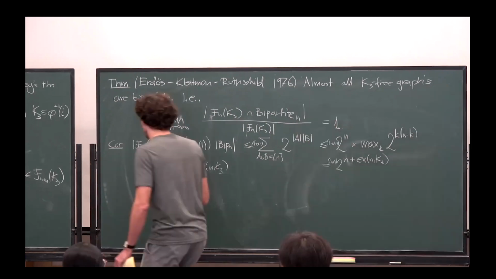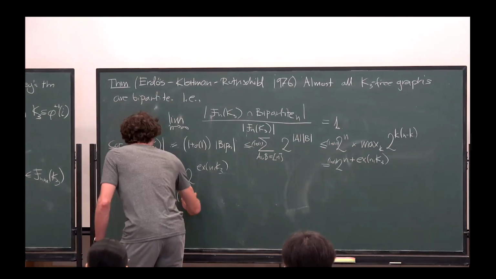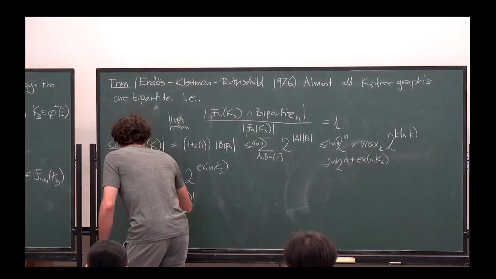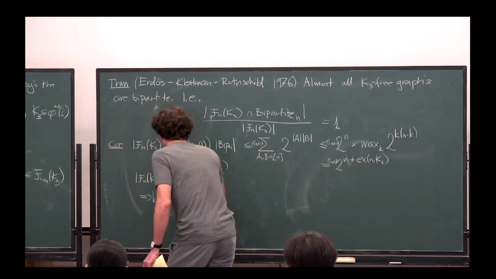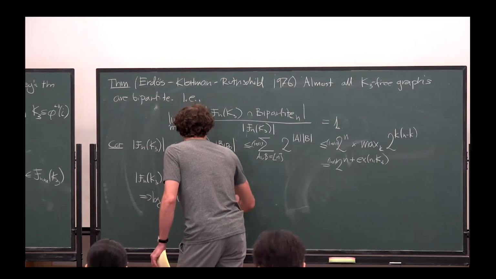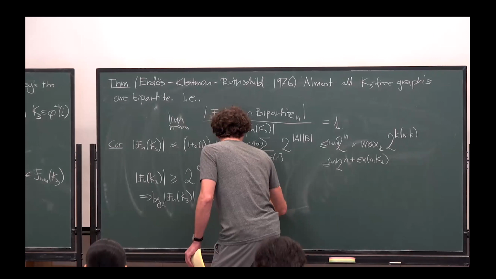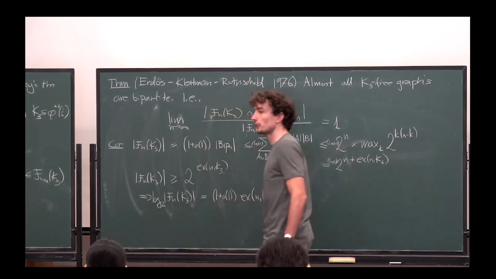two numbers whose logarithms are asymptotically the same. And this gives that the logarithm of this number, maybe say x2, is asymptotically equal to the extremal number.